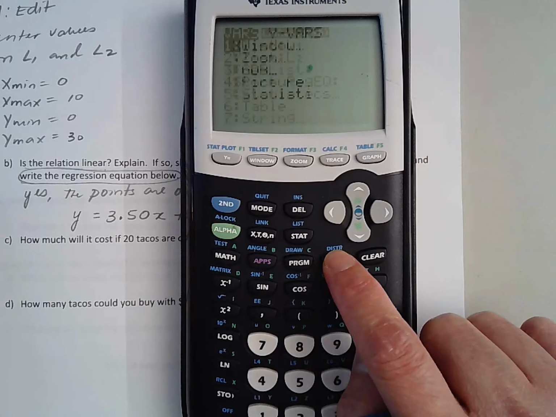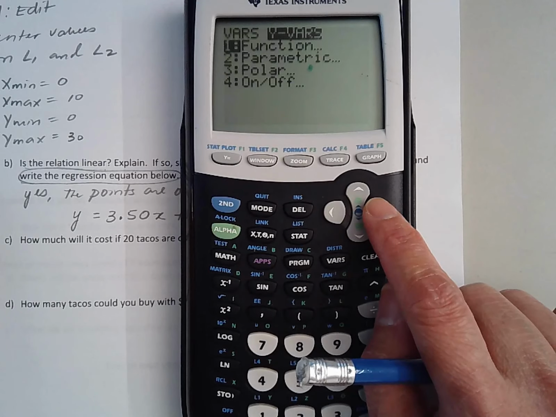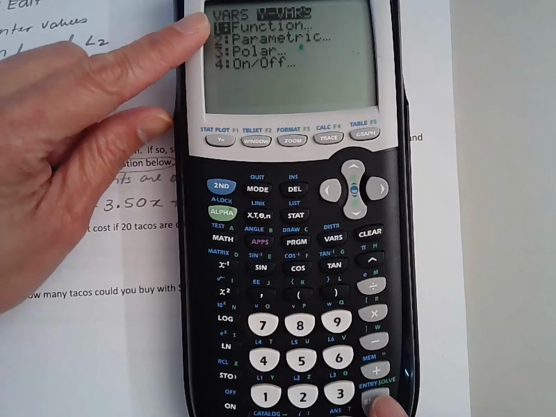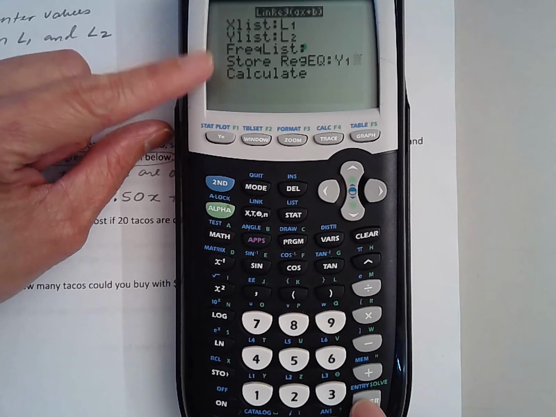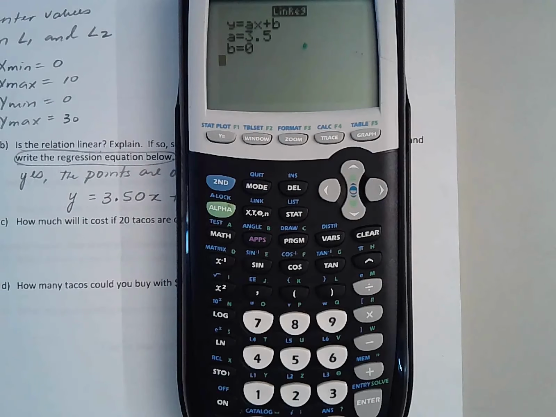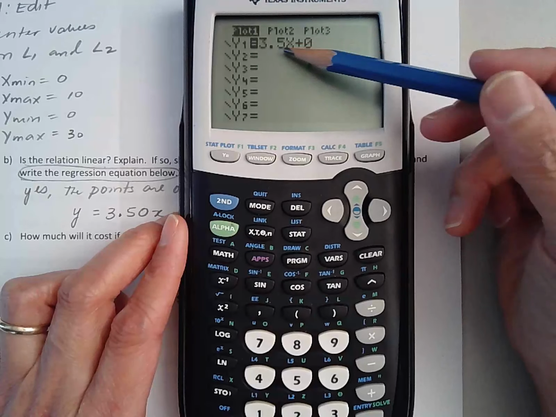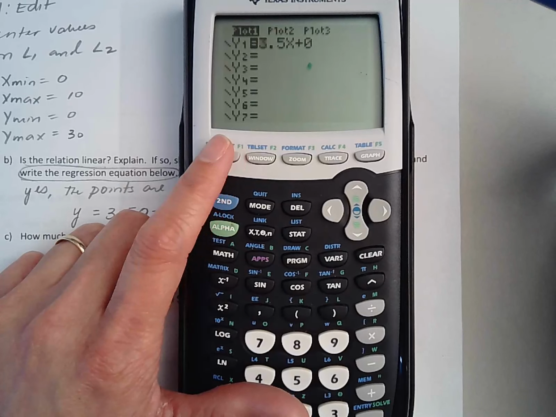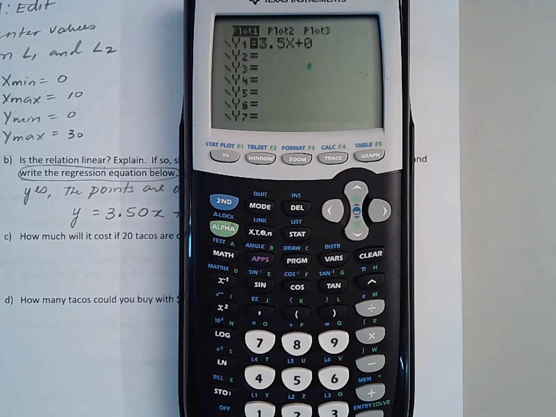So we go vars, y vars, function, so press enter. y1, so press enter, and then enter again, and enter again. It should be on your y equals. That same equation is now on y equals. Go ahead and press your y equals. Your regression equation should be on that y1.